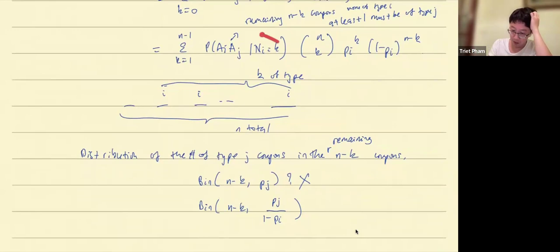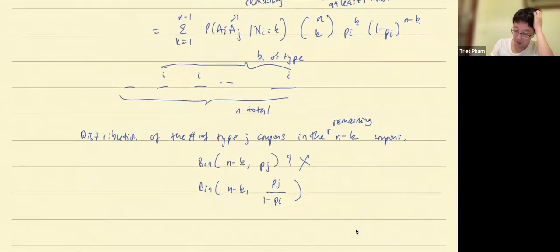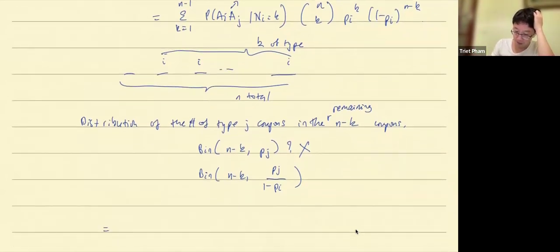In other words, this will be the sum, k from 1 to n minus 1, of n choose k. And then what else?